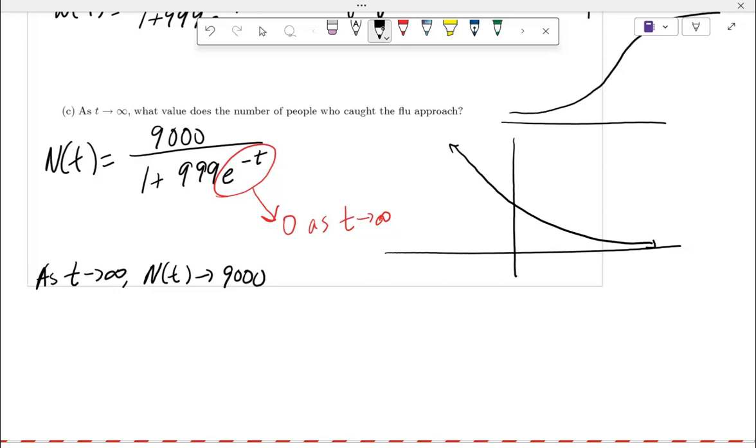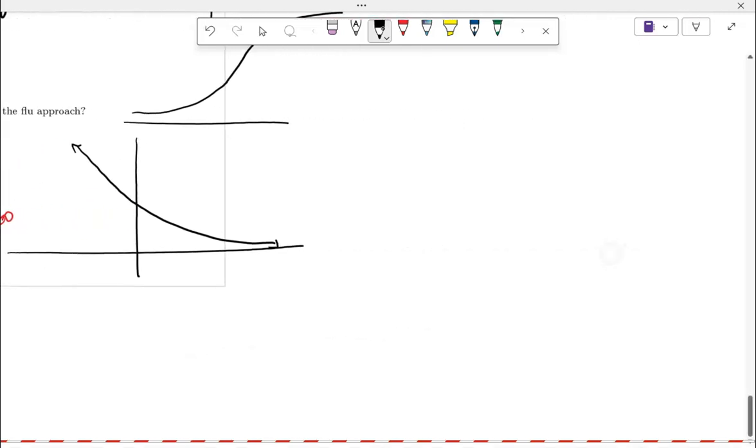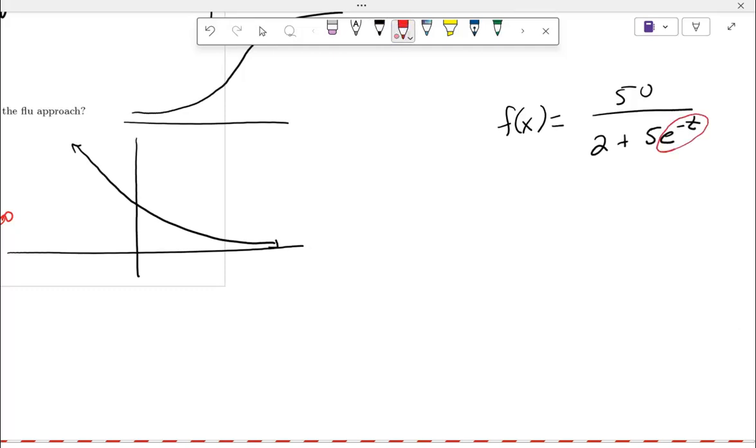If you would have had something that looked like, maybe I said f of x equals 50 over 2 plus 5e to the negative t. Let's see if we can figure this one out. Again, this part's going to go to 0, right?